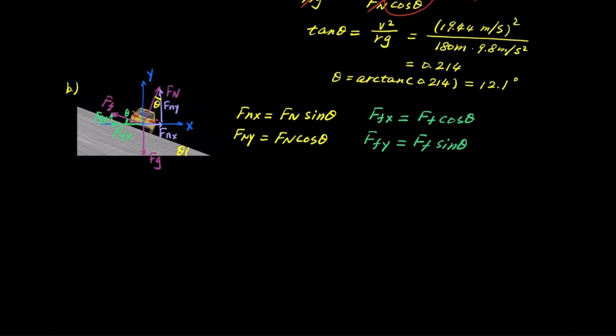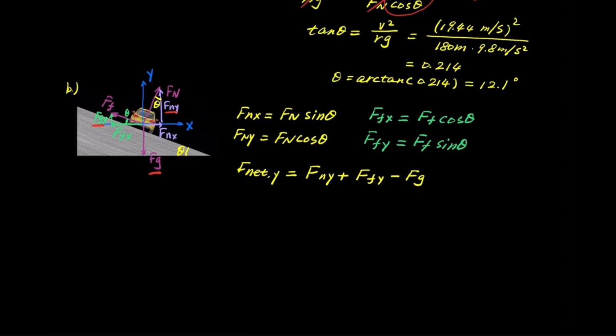Okay, starting with the vertical direction, F net y. The forces pointing up are Fny and Ffy. And the only force pointing down is gravity. So we have F net in the y direction is Fny plus Ffy, then minus Fg.